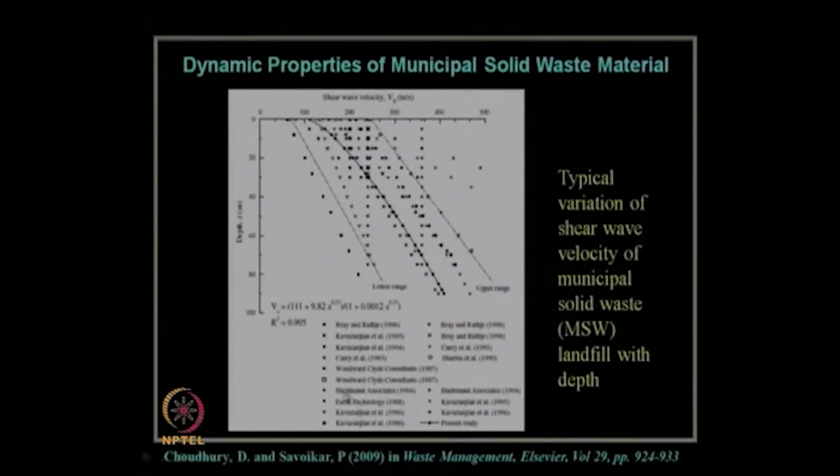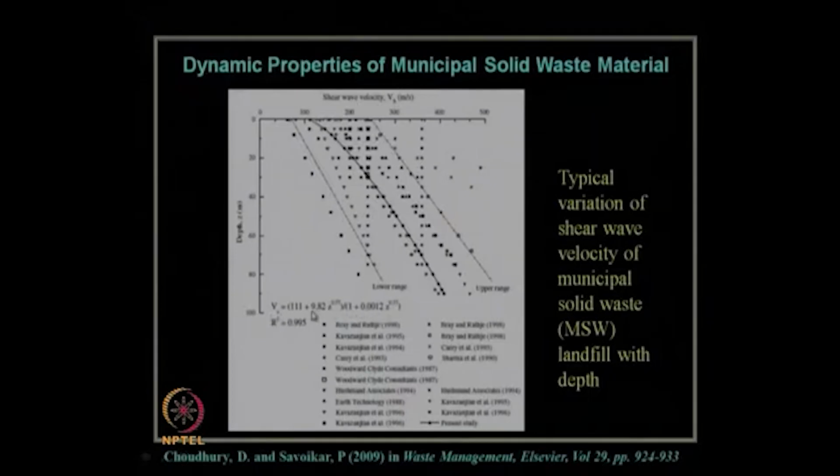Then Earth Technology, Woodward Consultant, Carey et al., and so many other researchers' work, including Zekkos' work. From the collected data, once again analysis was carried out to propose a semi-empirical correlation for this worldwide data, which gives a good value of regression coefficient by taking these two parameters at different scale levels, and the proposed equation is given over here.